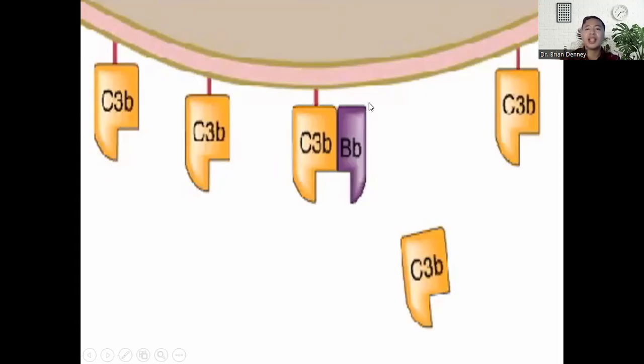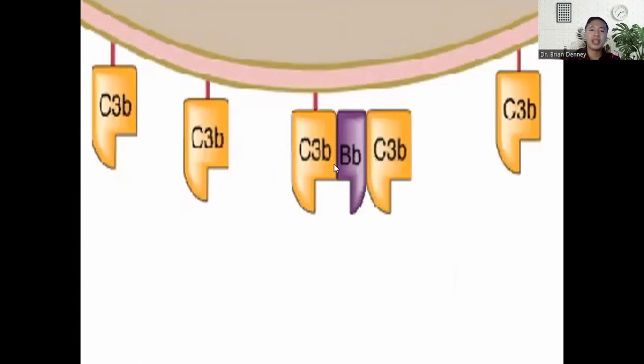This is considered the C5 convertase of your alternative pathway. See? C3b, Bb, add letter P there, 3b. C3bBbP3b is the C5 convertase of your alternative pathway.